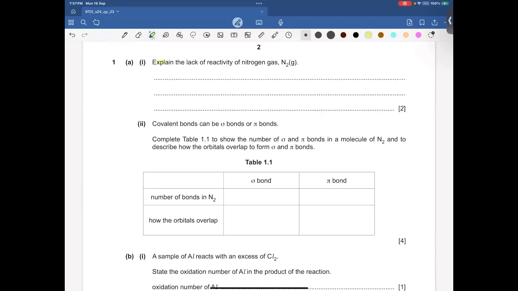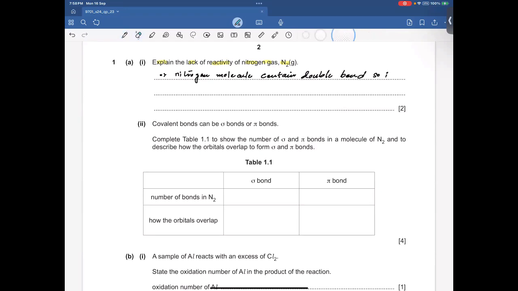In question number 1, explain the lack of reactivity of nitrogen gas. On the basis of my lecture, the first point which I must say you need to write in the paper is that the nitrogen molecule contains a double bond.